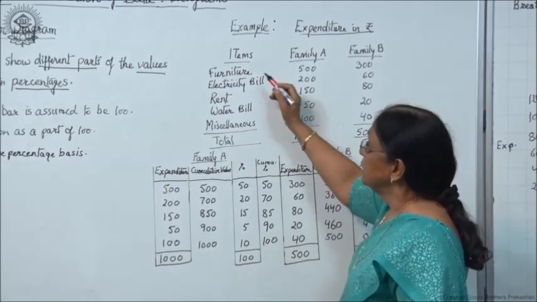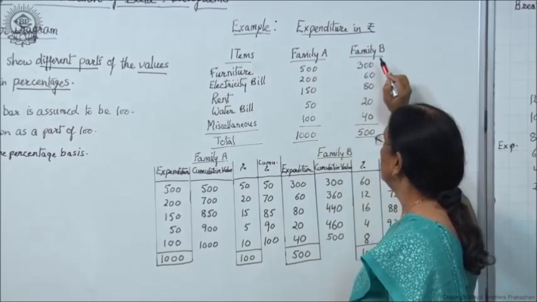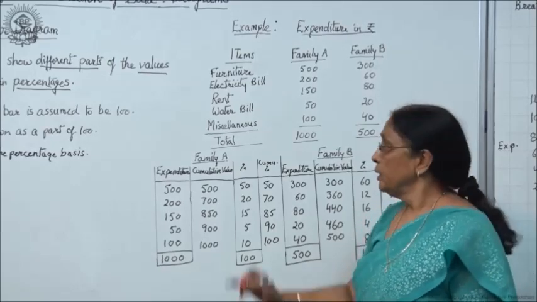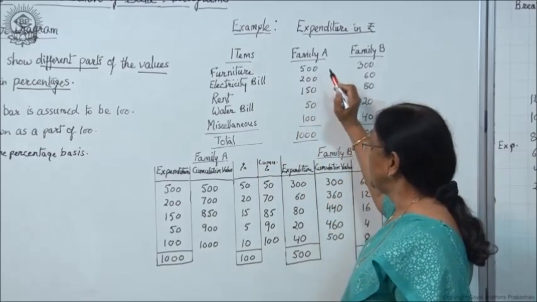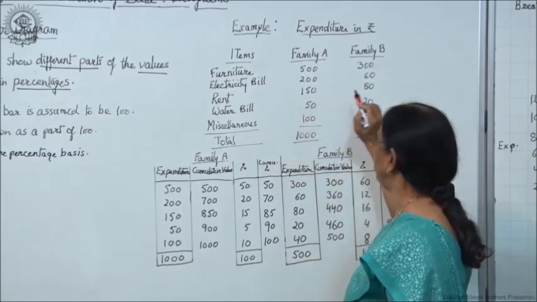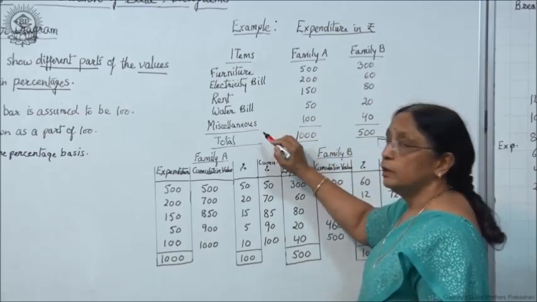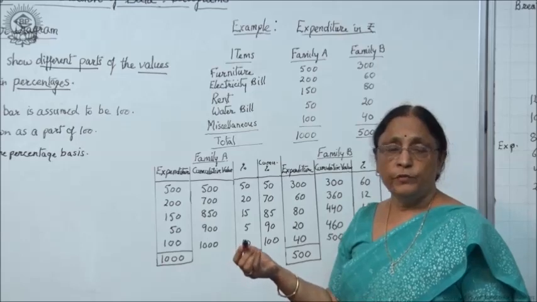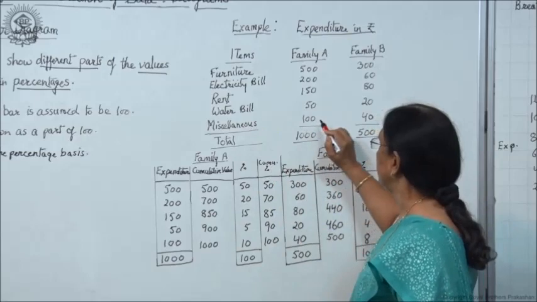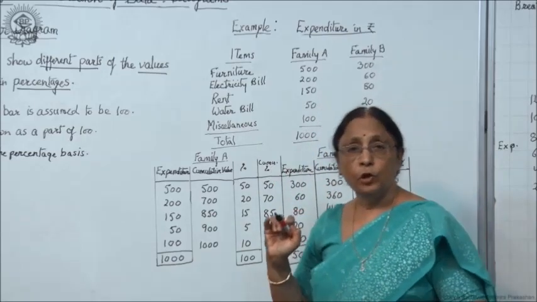First item is furniture, in which family A is spending 500 and family B is spending 300 rupees per month. Second, electricity bill: family A expenditure is 200, family B is 60. Rent 150 and 80, water bill 50 and 20, and the other expenditure which we have not specified here, we have taken as miscellaneous, where family A has 100 rupees and family B has allotted 40 rupees.